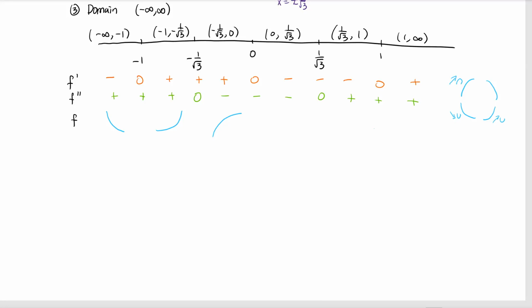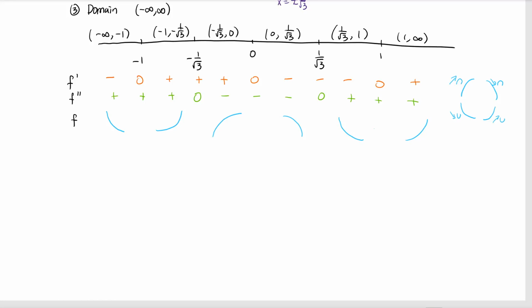And here we have decreasing and concave down, the shape like this. Here we have decreasing and concave up, so that is like this one. And last we have increasing and concave up, so we have this one. Those are the actual shapes of the graph.